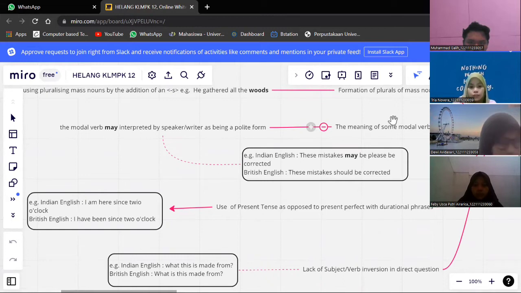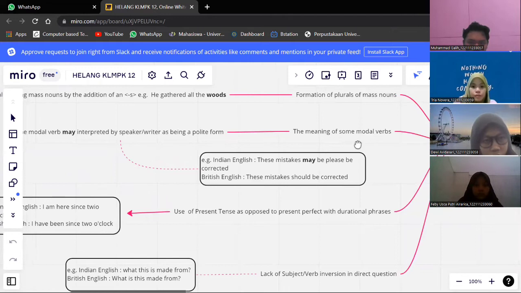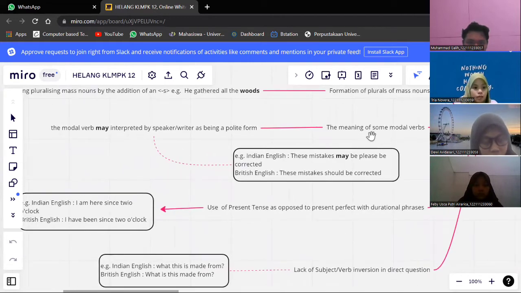For the second one, the meaning of some modal verbs. Modal verbs are a type of auxiliary verb. They always occur with the main verb and provide information that the main verb doesn't. So in an example from Indian English, "this mistake may please be corrected."